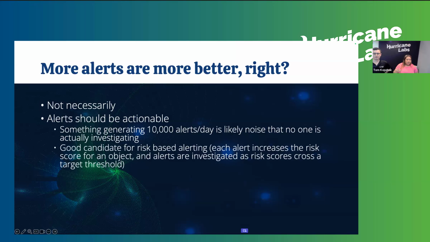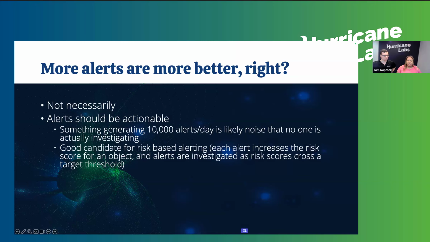It's just that that's a really good candidate for risk-based alerting. And for risk-based alerting, which is something I know that we will delve deeper into later in the year, each alert that fires increases the risk score for an object that's either a user or a computer, and those alerts are investigated as a risk score crosses a target threshold.